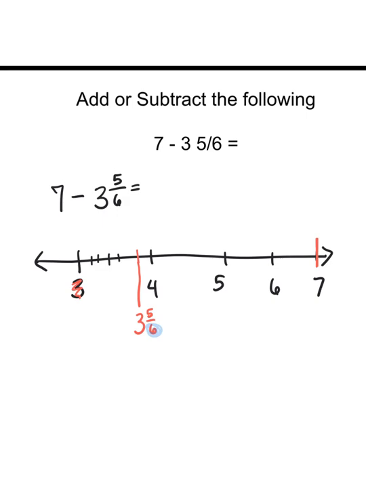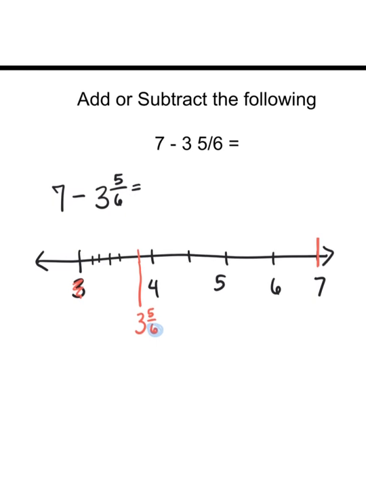Okay, sorry, that's a little bit sloppy, but that's 6 pieces, even if they're not equal pieces. 6 equal pieces, 6 equal pieces, 6 equal pieces. Okay, so the distance from 3 and 5/6 to 4 is a distance of only 1/6.